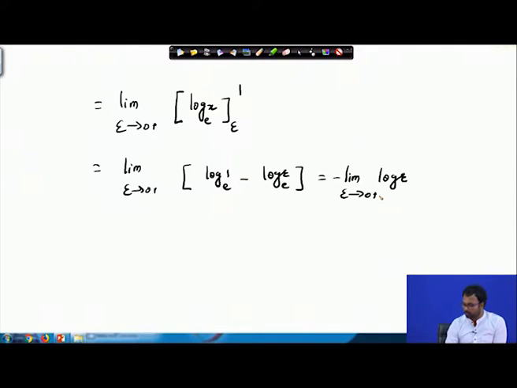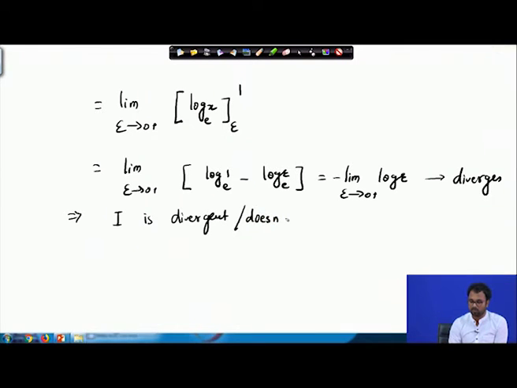This whole thing is divergent. So it diverges, and from here we can say that our integral I is divergent or doesn't exist. All right.